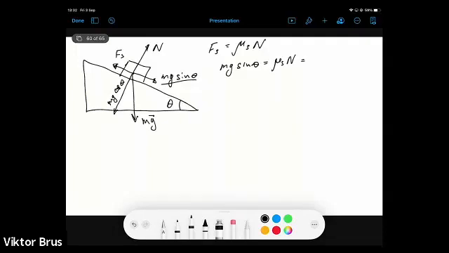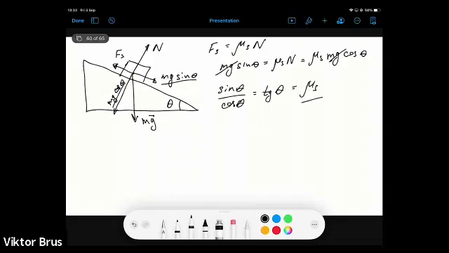And instead of n, we can substitute this expression: mu s times mg times cosinus theta. So mg can be cancelled out. And from here, we see that sinus theta over cosinus theta, which is equal to tangent theta, is equal to mu s.